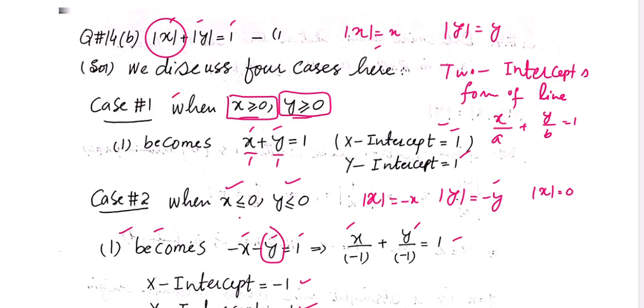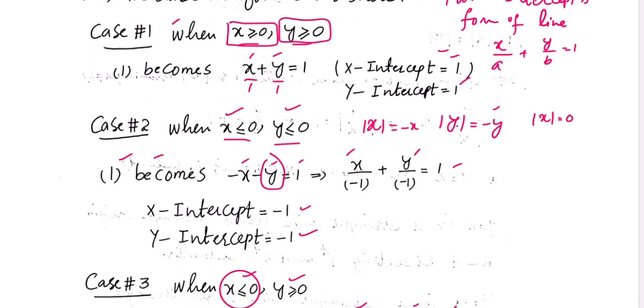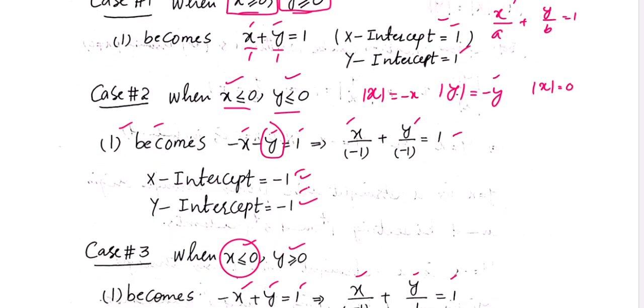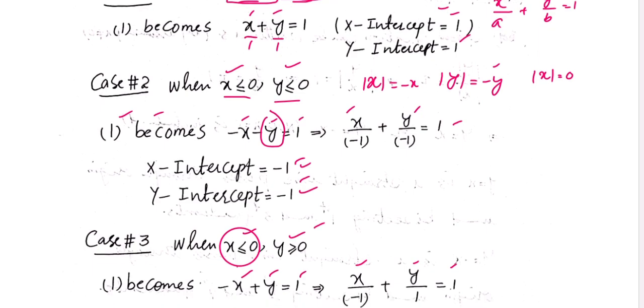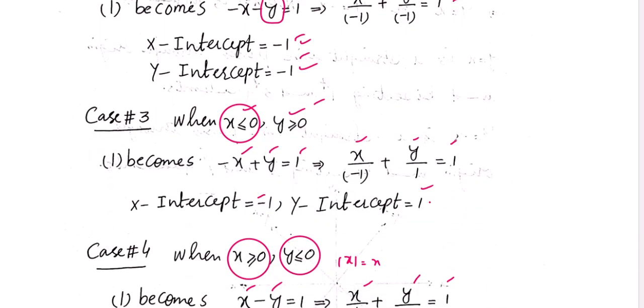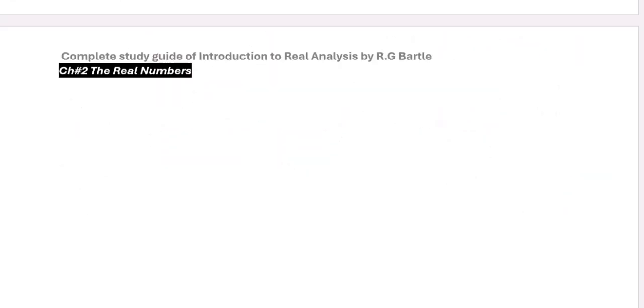For example, when you consider the second case, when your x is less than or equal to 0, y is less than or equal to 0, you can observe that both x and y intercepts are less than 0. Similarly, when you consider the third case, you can again observe that both x and y intercepts satisfy this case. That is, your x intercept is minus 1, which is less than 0, and your y intercept is positive 1, greater than 0. So in this question, there are no such problems for x and y intercepts in the D part.